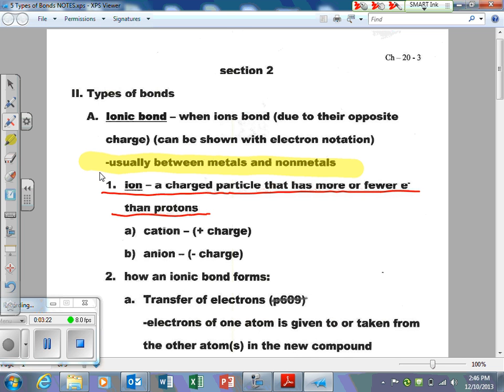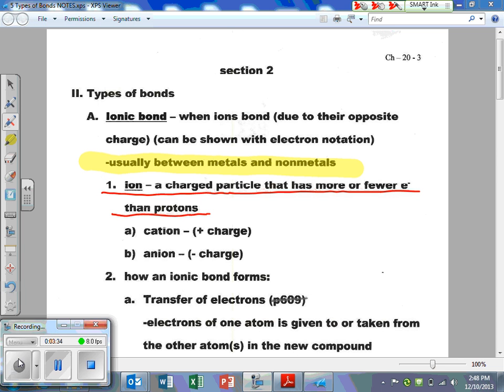If it has given an electron away, it's going to be left with a positive charge. If it gave 2 electrons away, it's going to be left with a positive 2 charge. Okay, so cation is the name for a positive ion. An anion is the name for a negative ion. So those are a couple vocabulary words you're going to have to know.